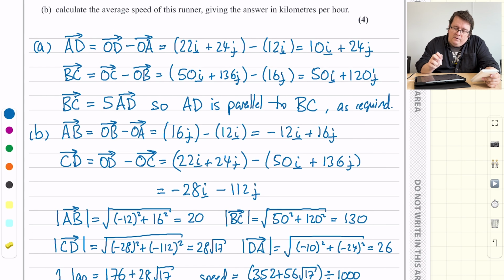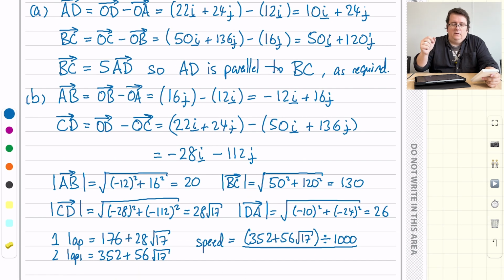And if we remember, the runner took 5 minutes to complete 2 laps. We want that in hours, so that's 1/12 of an hour. Essentially, 5 minutes divided by 60 to turn it into hours.